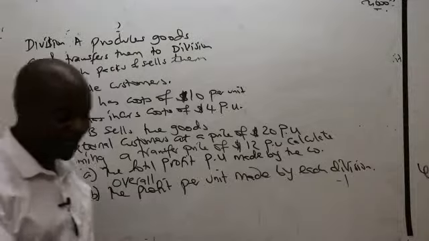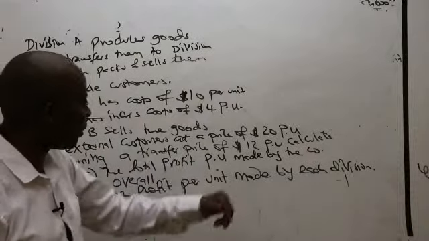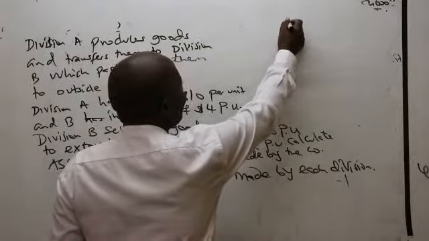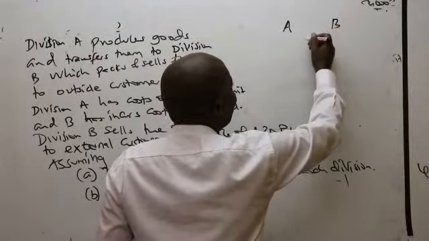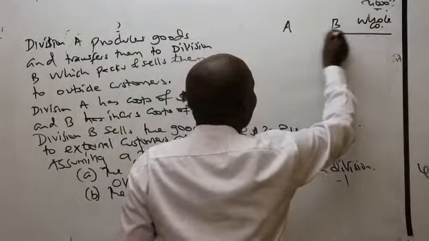For the whole company, ladies and gentlemen, because there is only one product being sold in between here, I would rather come and make my profit statements like this. So we have division A, we have division B, and then we have the whole company.